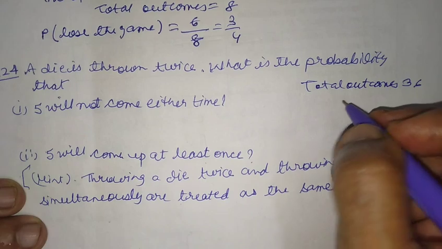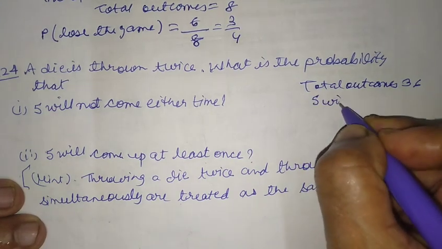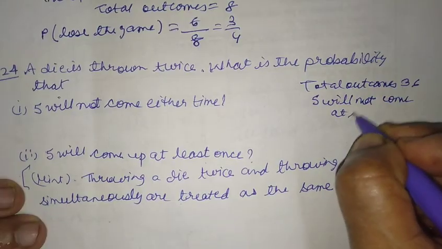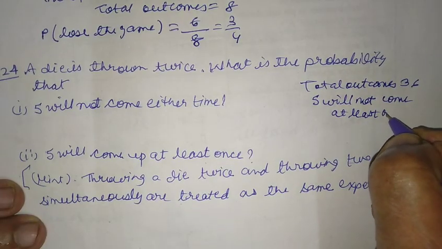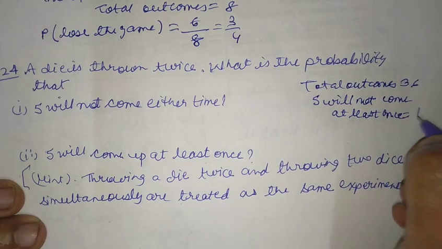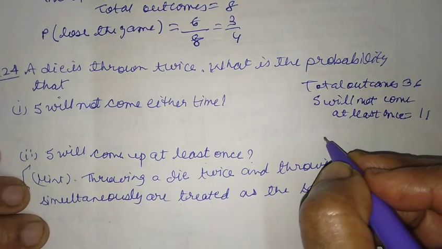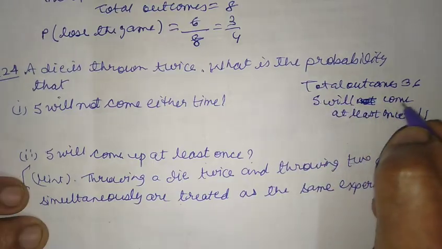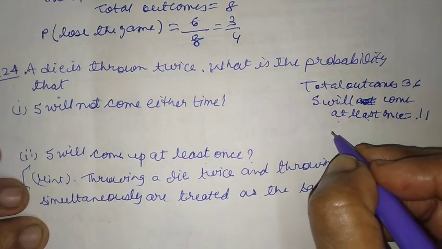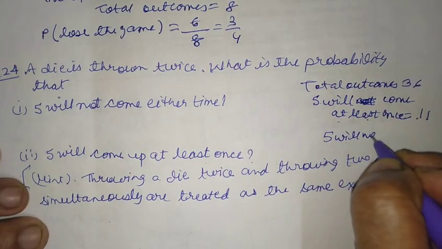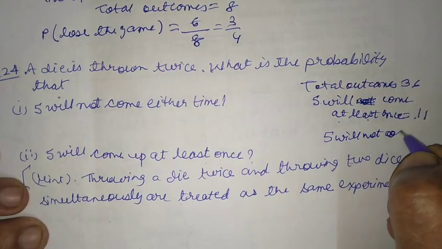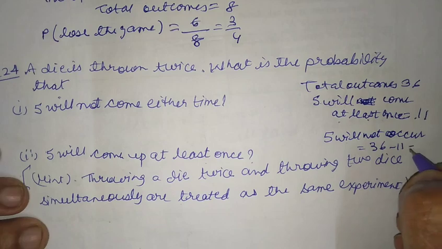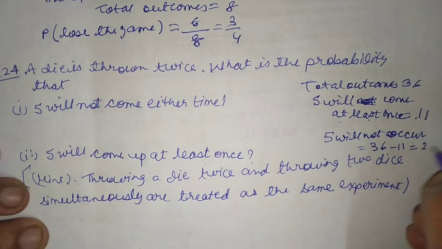The number of times 5 will come at least once will be 11, and 5 will not occur, that is 36 minus 11, which is equal to 25 here.